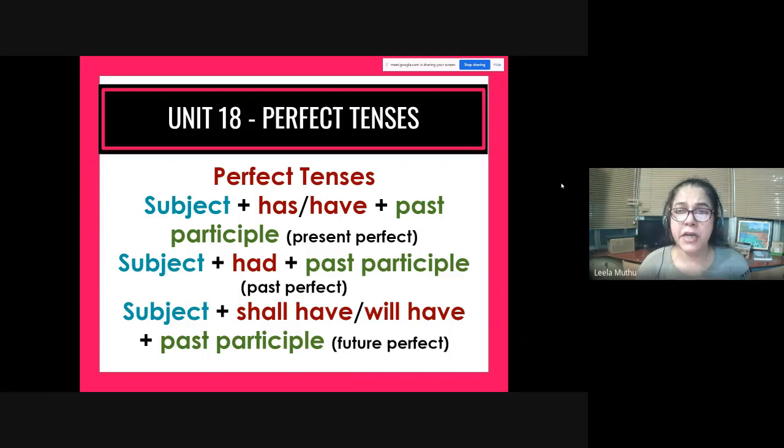Understood? Now for past perfect, we use the subject plus had plus the past participle. And for future perfect, we use the subject plus shall have or will have plus the past participle. Okay, so that makes up the future perfect.